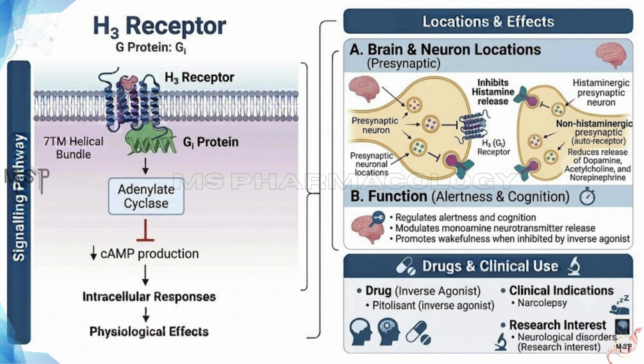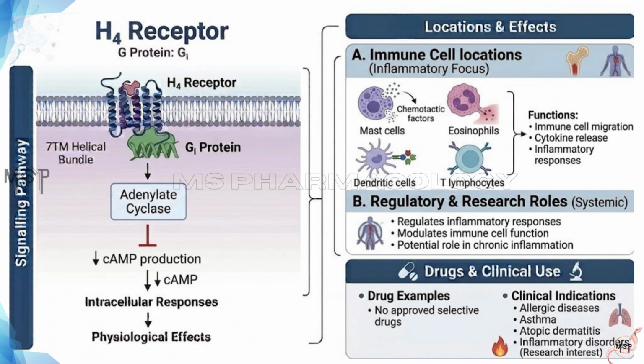Because of their role in regulating wakefulness and cognition, H3 receptors have become important therapeutic targets in neurological disorders. Pitolisant, an H3 receptor inverse agonist, enhances histamine release in the brain and is approved for the treatment of narcolepsy. Finally, we have the H4 receptor.